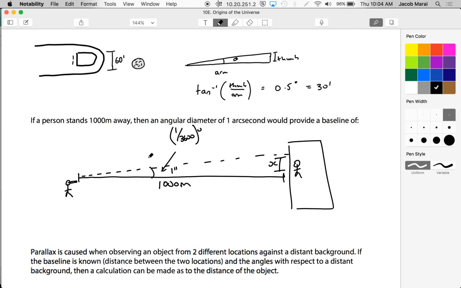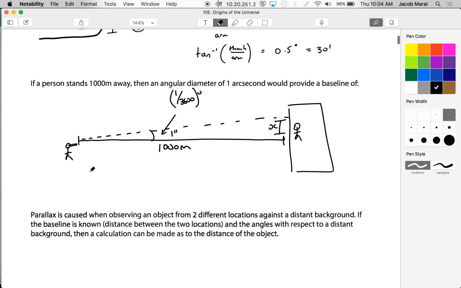Okay? So we do our little maths. Tan of 1 on 3,600 equals x on 1,000 meters. Therefore, x equals 1,000 tan of 1 on 3,600.